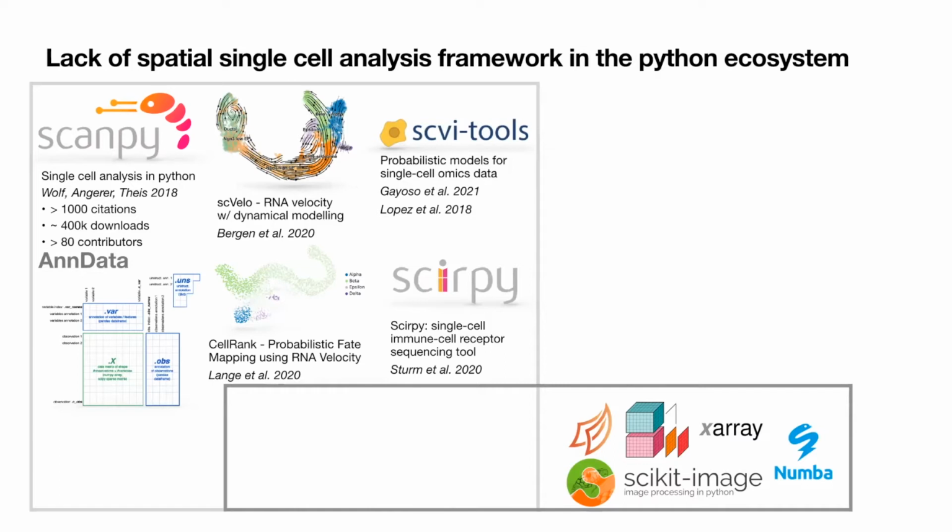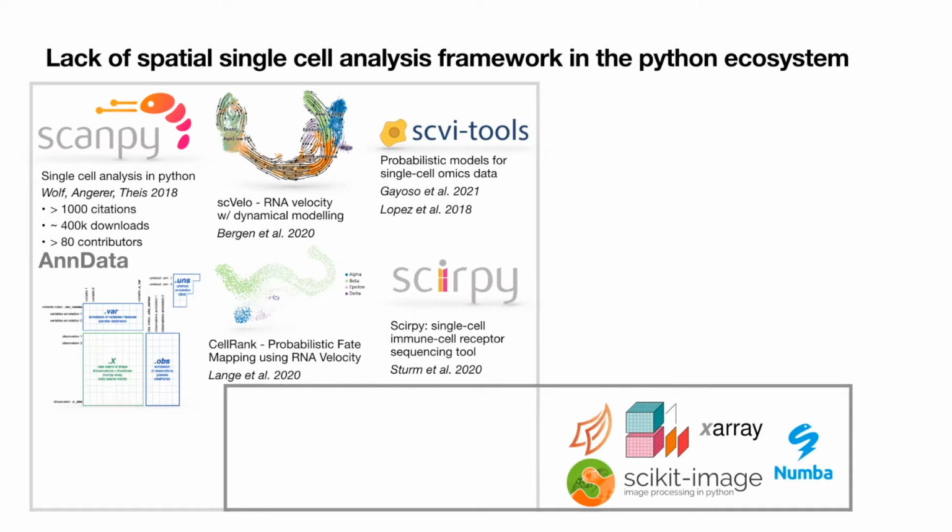We have ScanPy and AnnData, which are for basic analysis, but then there are also other tools that are more focused on specific questions. For example, we have scVelo for trajectories. Then there's CellRank, for probabilistic cell fate mapping. There's also scvi-tools, for data integration using deep learning methods, and also scirpy, for the immune cell receptor data.